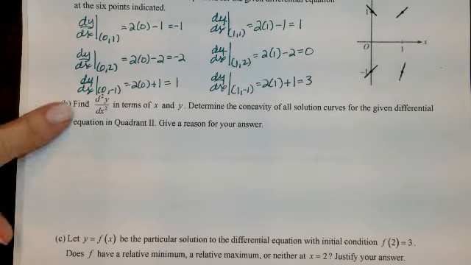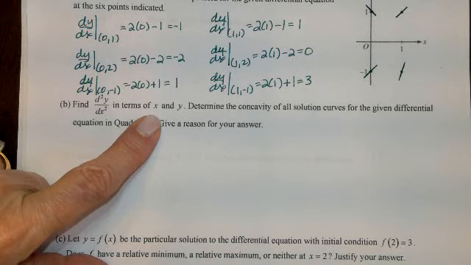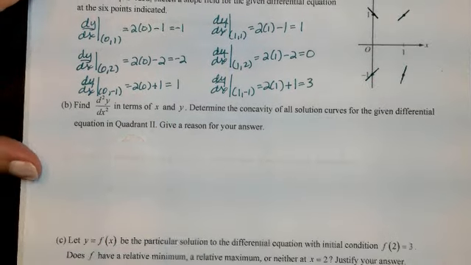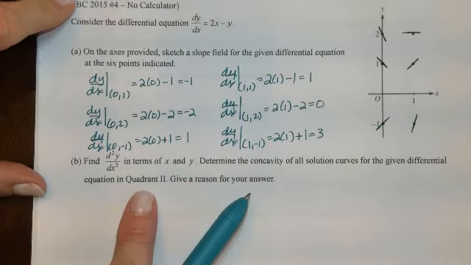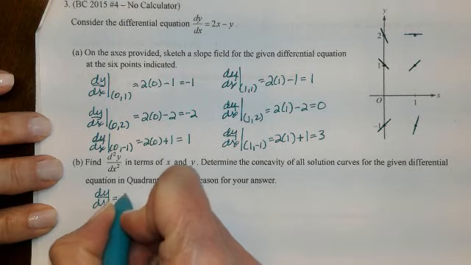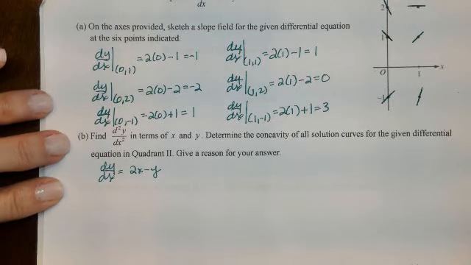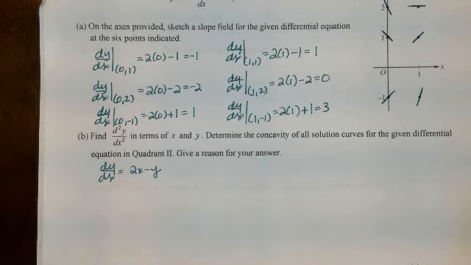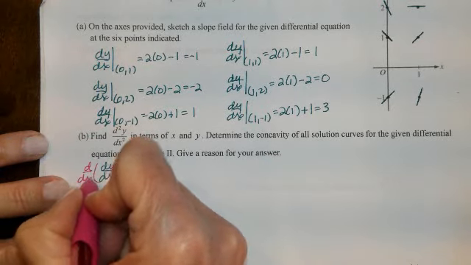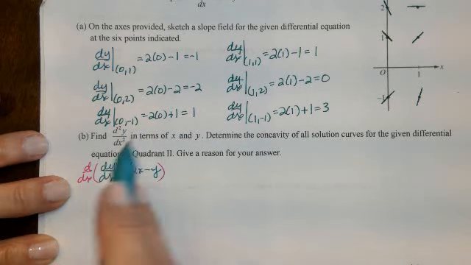All right, find the second derivative of y with respect to x in terms of x and y, and then determine the concavity of solution curves in quadrant 2. So here is our dy/dx, and we want to find the second derivative, so we're going to take the derivative of both sides with respect to x.